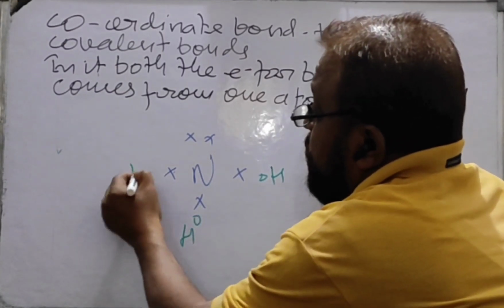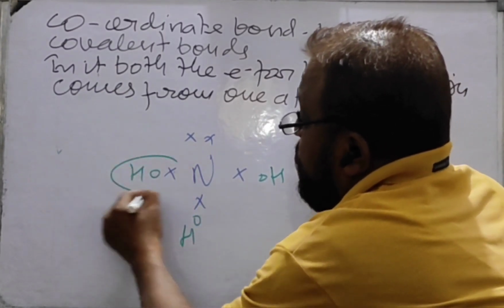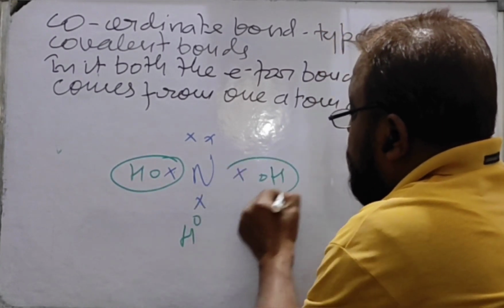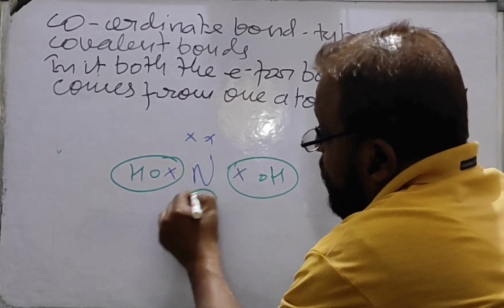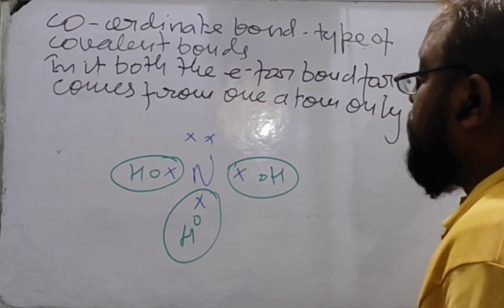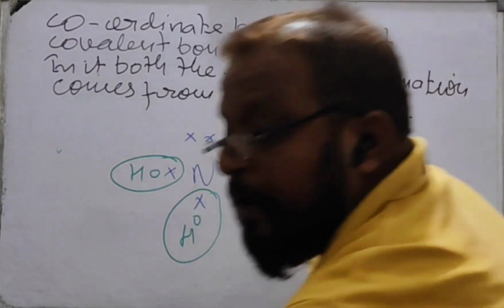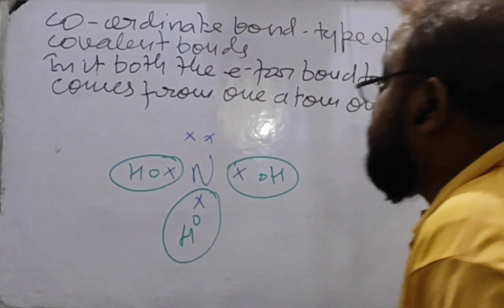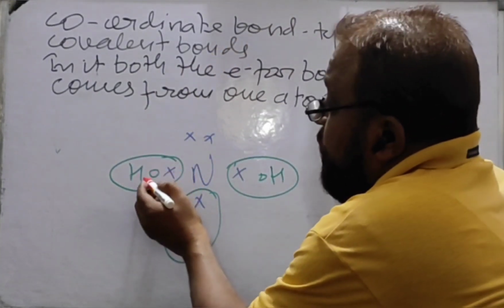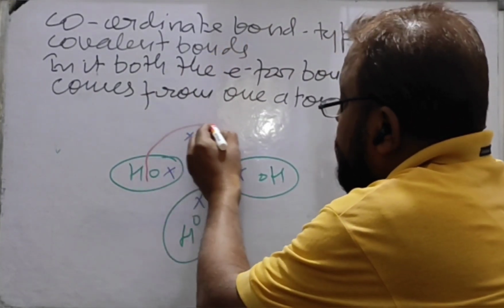Now, nitrogen is reacting with hydrogen, so each hydrogen atom takes one electron from nitrogen, and nitrogen takes one electron from each hydrogen atom and completes its octet and is in a stable condition.